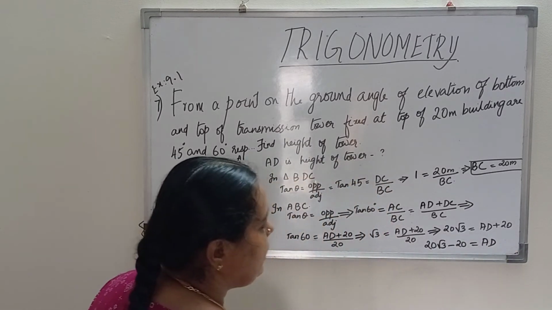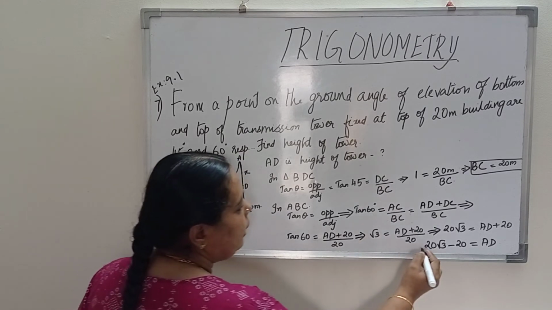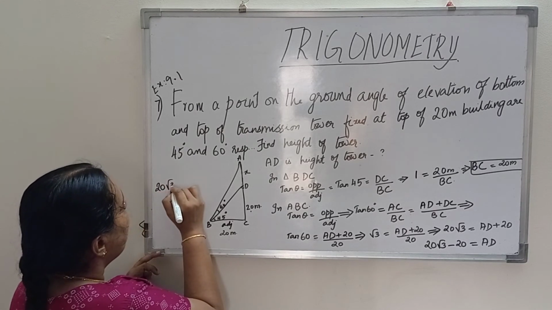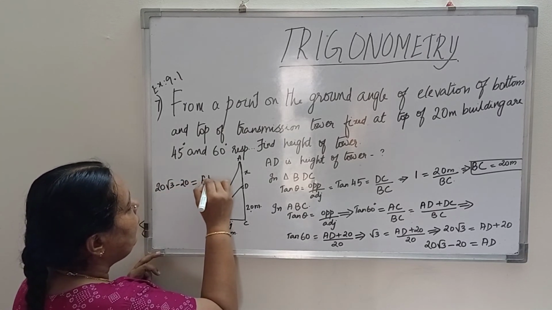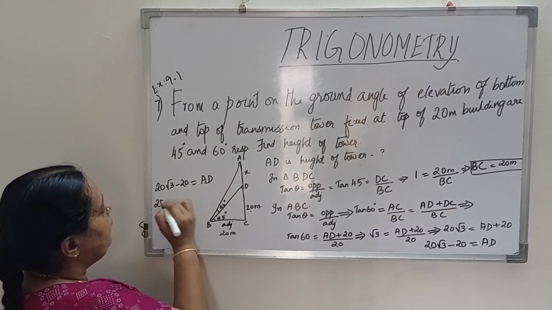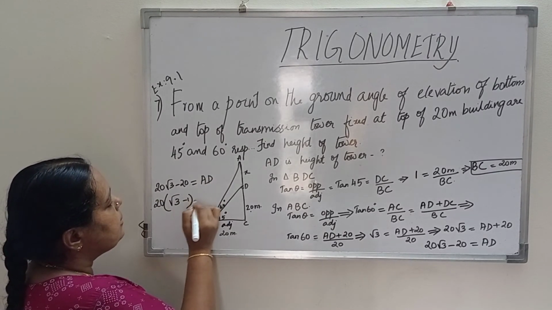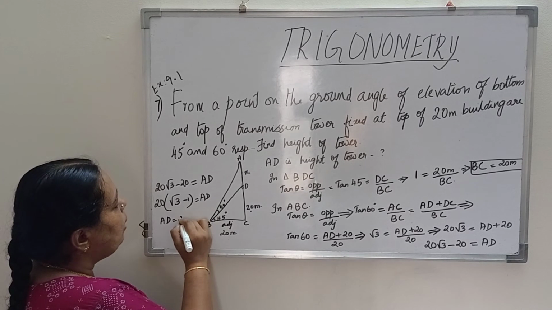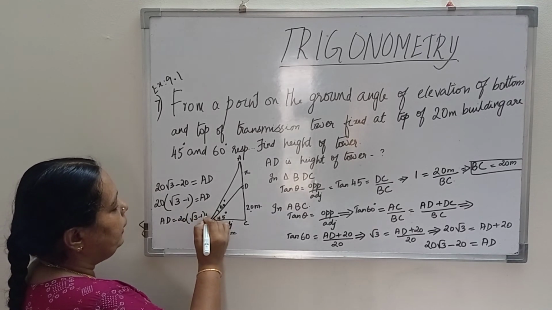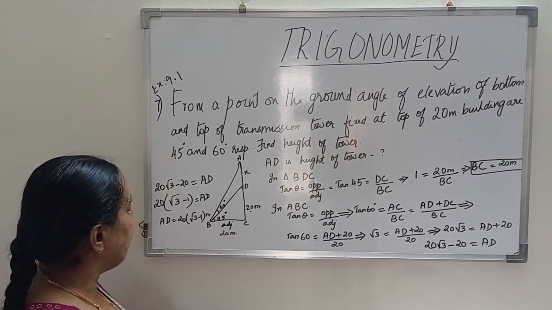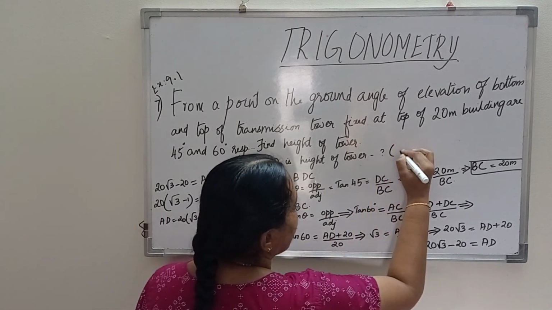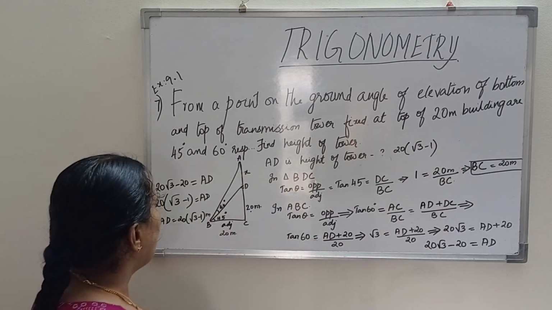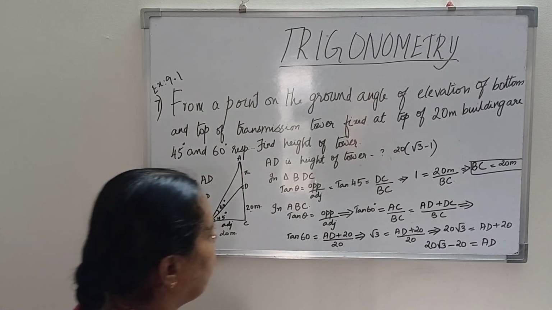Taking 20 outside, we have 20 into (root 3 minus 1) equal to AD. So the height of the tower AD is 20 (root 3 minus 1) meters.